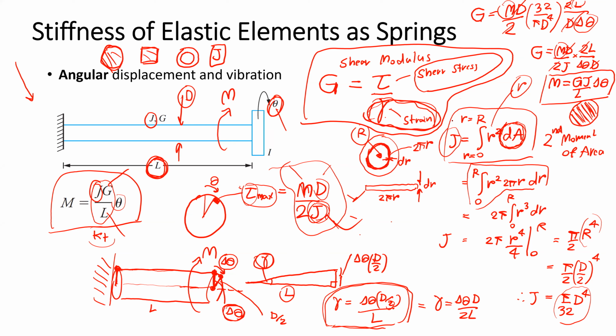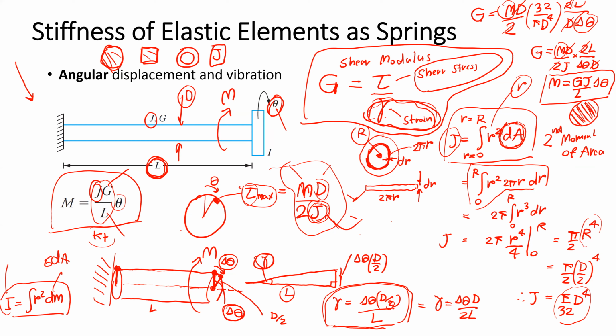I'm not sure if you still remember the moment of inertia. In the physics class, moment of inertia is equal to integral R square dm. Are you familiar with something like this? Yes. Okay. But for the moment of inertia, we need to consider the density and multiply by the area.